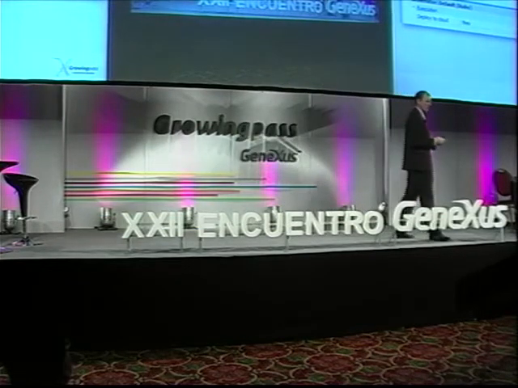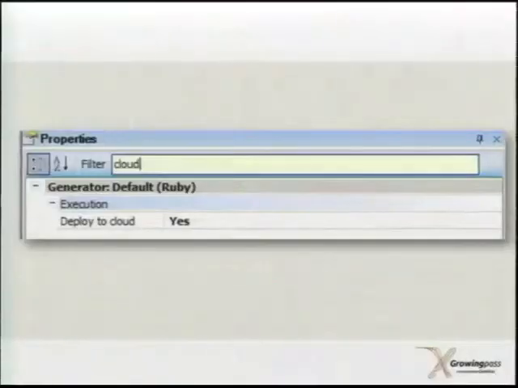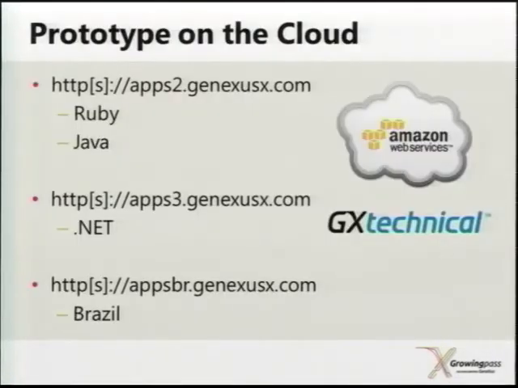Somehow, he came with that requirement to the development team, and this resulted into this property. Just by clicking on a property, all the application is replicated on the cloud, and thus it is published on a public server in Amazon, so that you can show it to your colleagues, to your friends, or your bosses, or your clients. So, as you publish that application, it will become public and you can show it to other people. We have several servers with it, some of them in the US, others in Brazil.